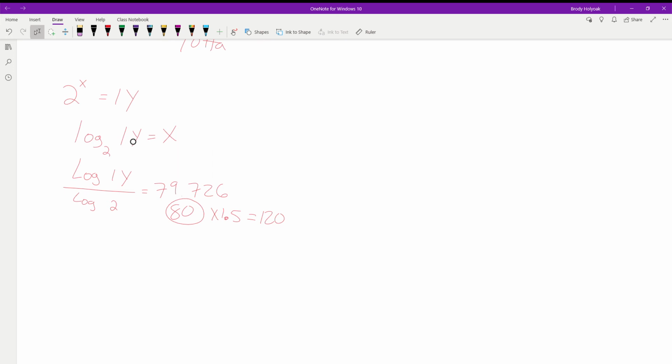Our calculators cannot do log base 2. So the way we have to do it is we take the log of our argument divided by the log base 10 of the new base, because log 10 by itself is 1.